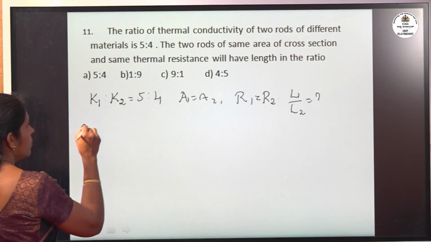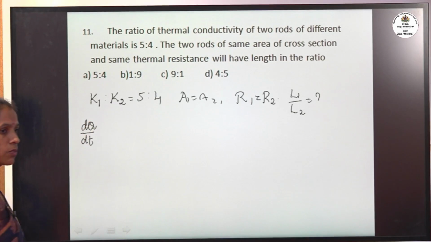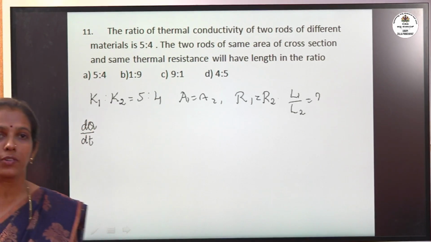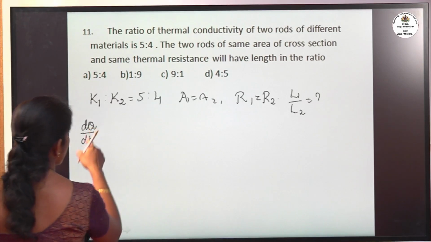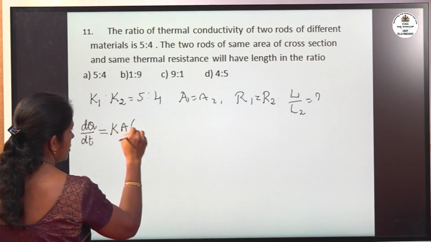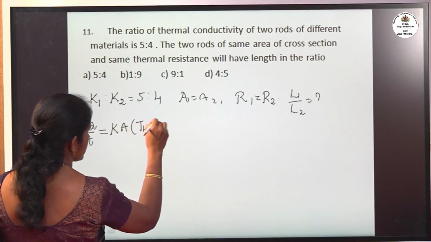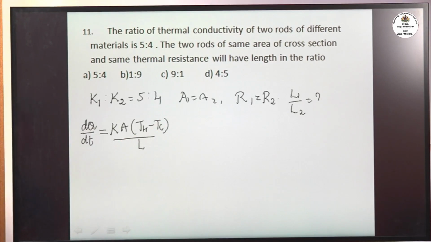Now we have rate of flow of heat. This question is based on the concept of conduction. Rate of flow of heat is equal to KA into Th minus Tc by L, as discussed in the previous problems.